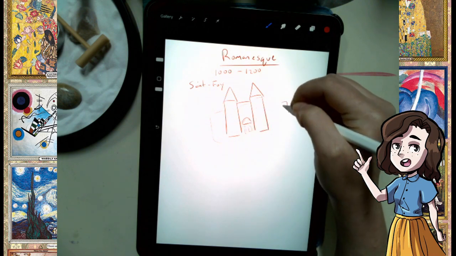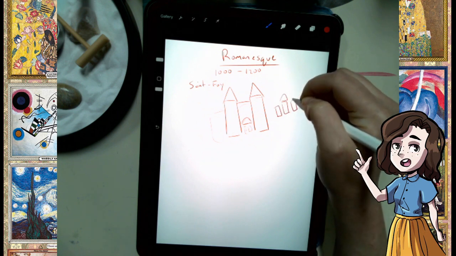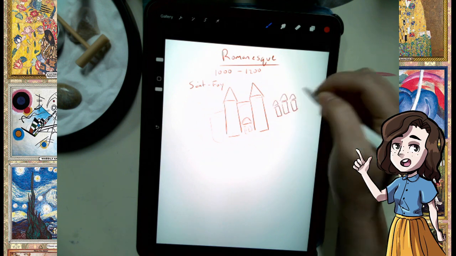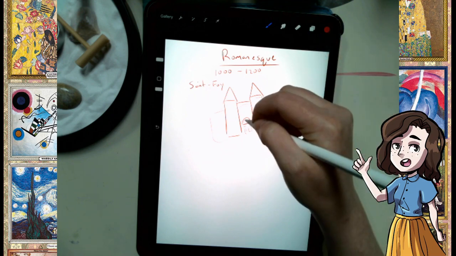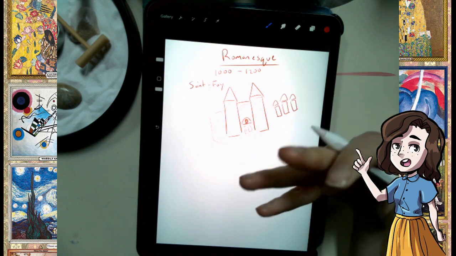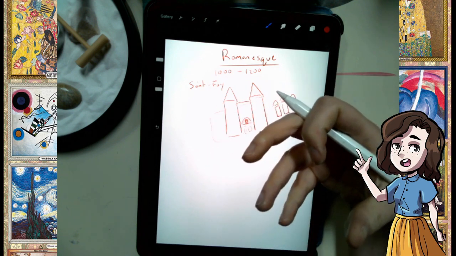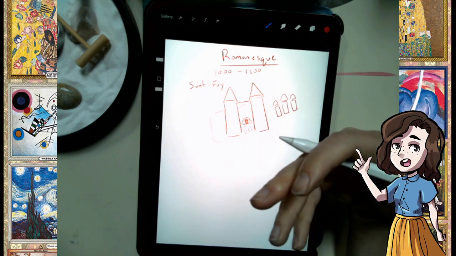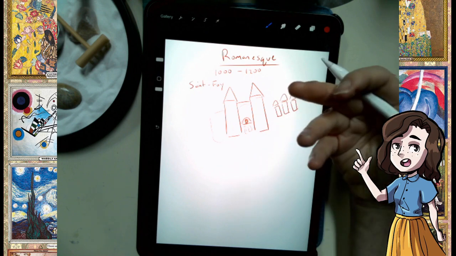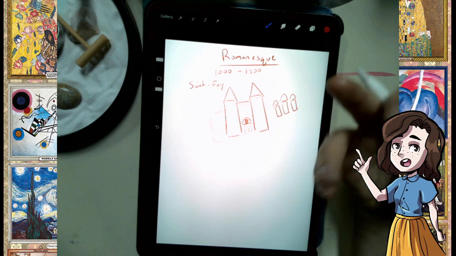Usually we have a triple doorway because of the Father, the Son, and the Holy Spirit, the Holy Trinity. And in the tympanum of St. Foy, we have the scene of the Last Judgment. Last Judgment is kind of this apocalyptic scene that happens in the book of Revelation about the end of the world, and Christ is coming down to save those who are good and are believers.